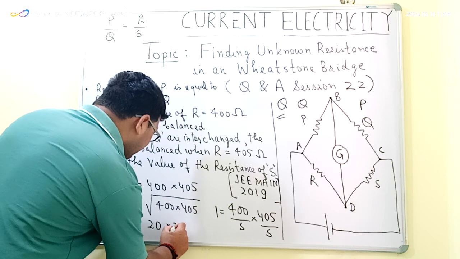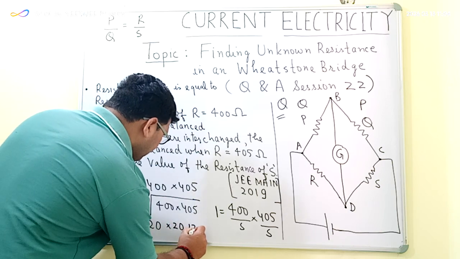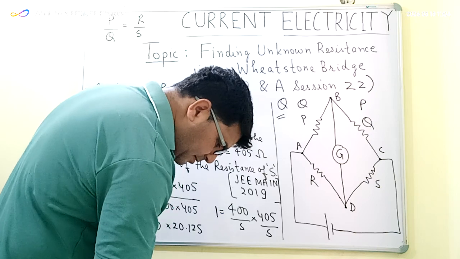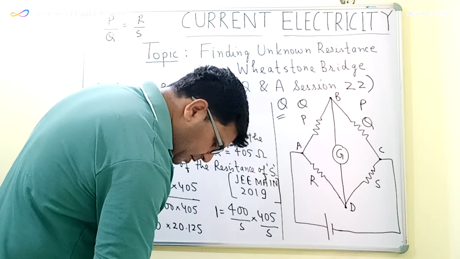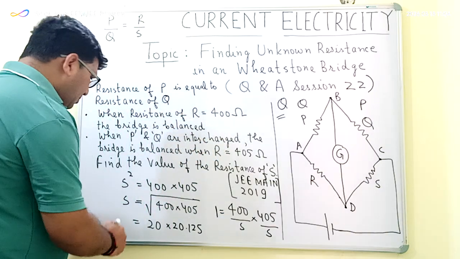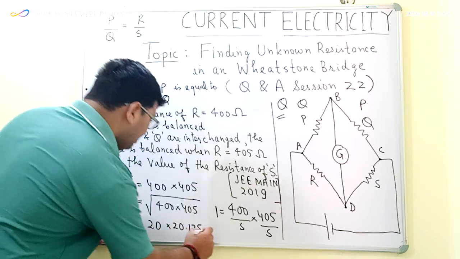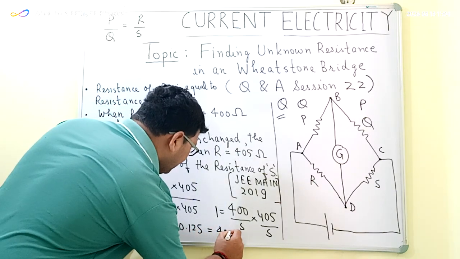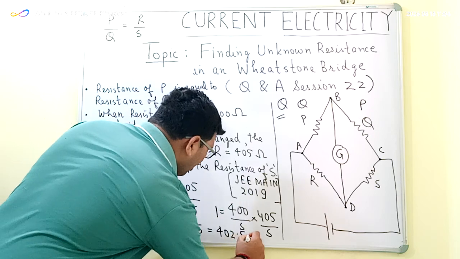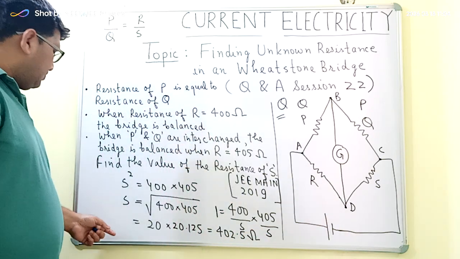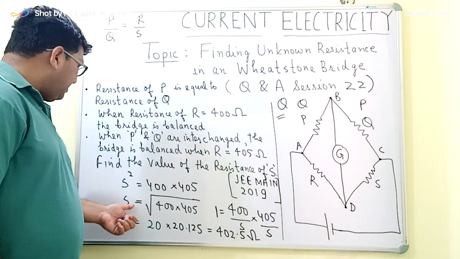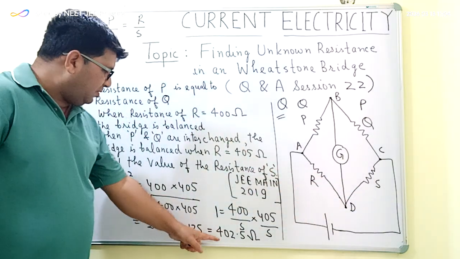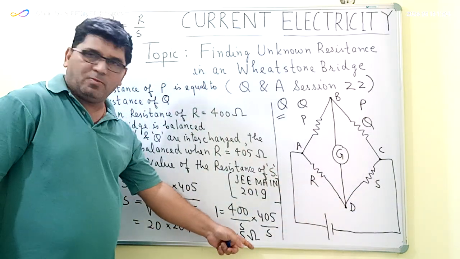So this is 20 into 20.125, and this value is coming out to be 402.5 ohm approximately. So the value of the resistance of this resistor S will be equal to 402.5 ohm.